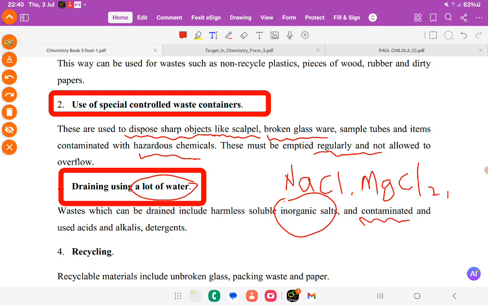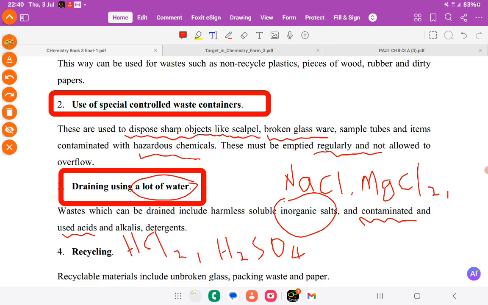Contaminated and used acids such as HCl, hydrochloric acid, sulfuric acid, and the other acids, but remember they should be drained with plenty of water. Otherwise, you remember that acids and alkalis are in most cases corrosive, meaning they destroy metals that they get in contact with.